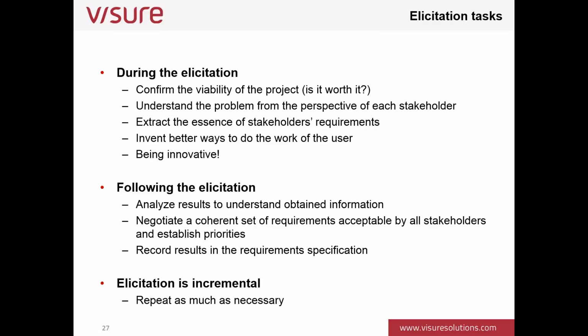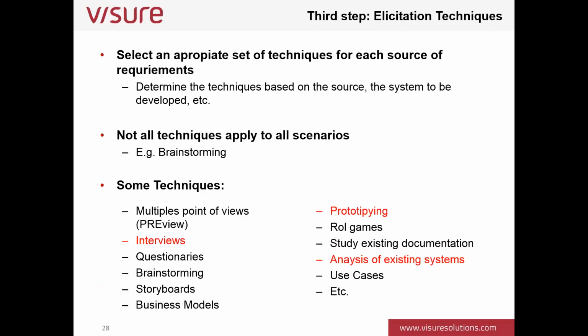We have mentioned that there are three main steps in the elicitation, apart from writing down the document: setting the boundaries of the system, identifying the sources of requirements, and the third one, once we have completed the first two, identifying the different elicitation techniques that we are going to apply to each source of requirements, and of course, applying them.